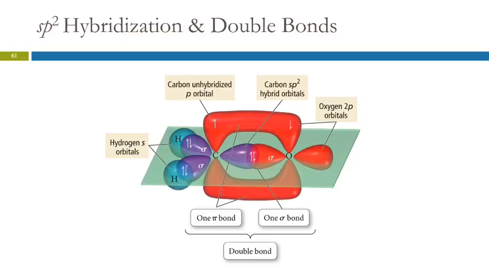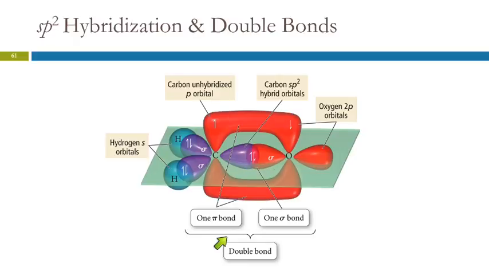Good question. So when we have overlap here, the carbon has these 3 purple orbitals, the hybrid ones. My pointer's dead. There it is. So one of those overlaps with the hydrogen. One of them overlaps with another hydrogen. One of them overlaps with one of the p orbitals in the oxygen.